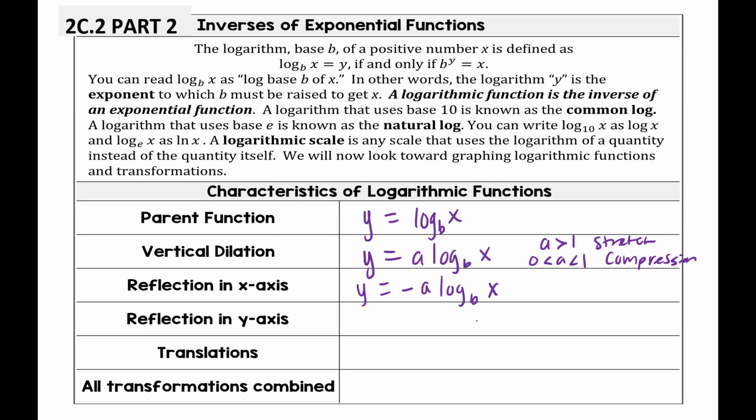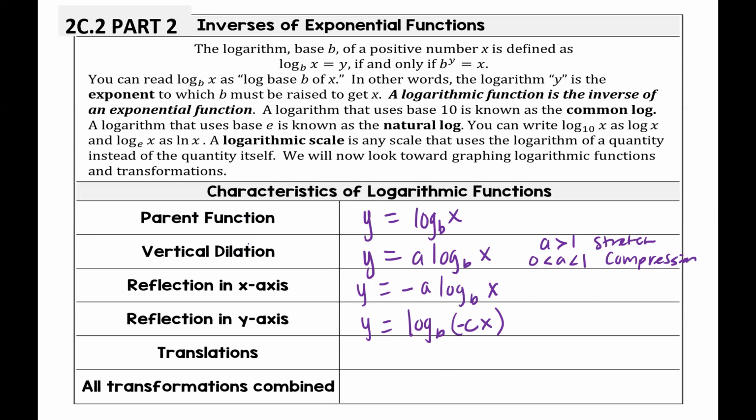Because b stands for base for log and exponentials, instead of using a and b, they typically use a and c so that there's no confusion. So if we have y equals a log base b of negative cx, a negative number times x is going to cause it to reflect over the y-axis.